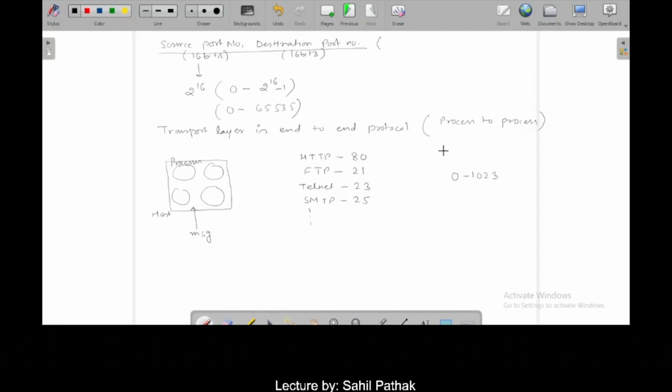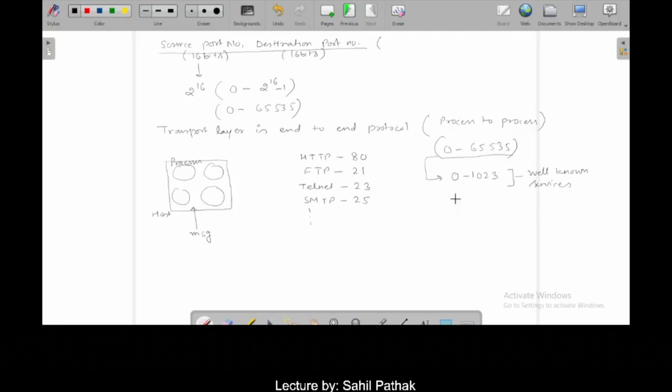That is, in total we have 0 to 65535 port numbers. Out of these, 0 to 1023 are given for well-known services. What are those well-known services? Like HTTP, FTP, Telnet, SMTP, etc.